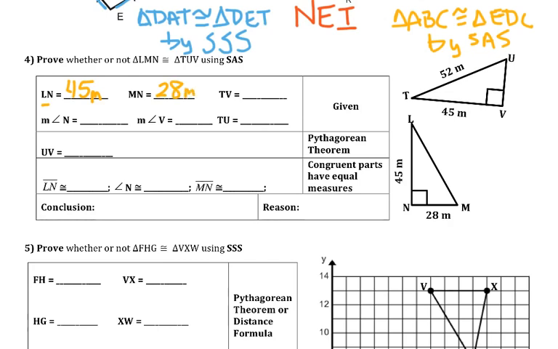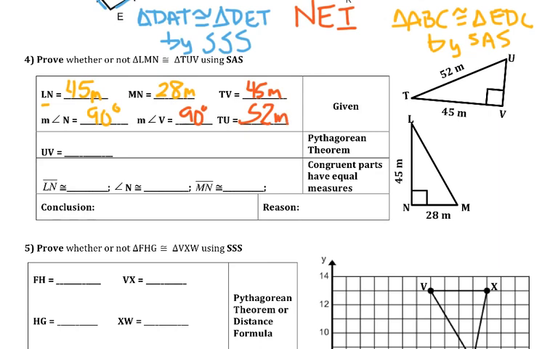The side length TV, on the other triangle, is 45 meters. Next, the measurement of angle N, well, that's a square there, so that means it's a 90-degree angle. The measurement of angle V in the other triangle is also 90 degrees. And the measurement of TU, in that second triangle, is 52 meters. So we're just identifying this from the two triangles given.